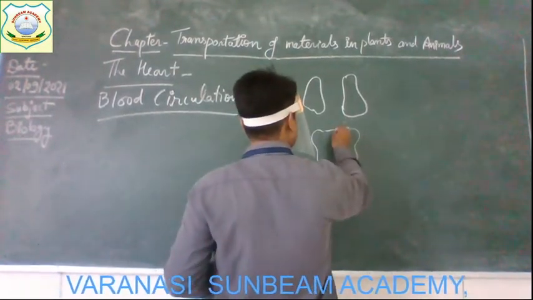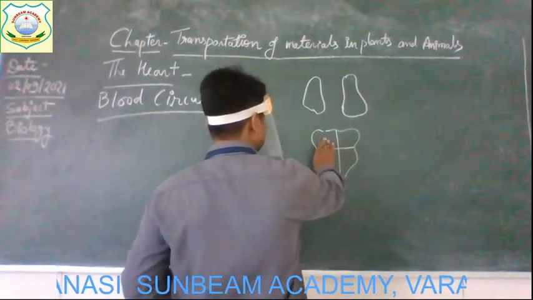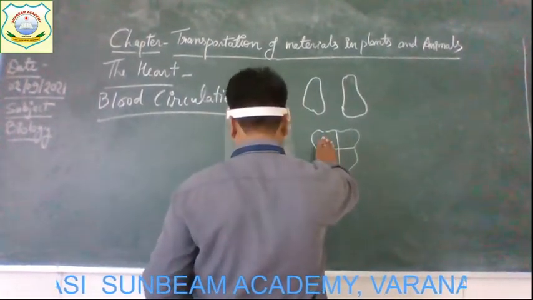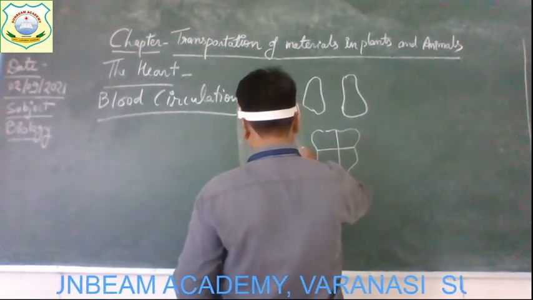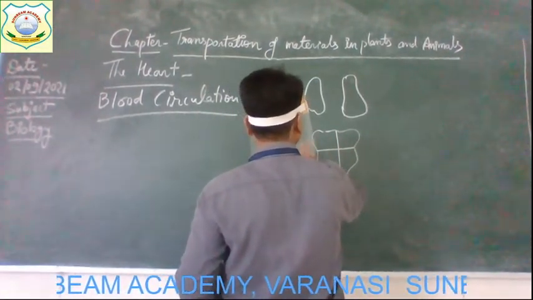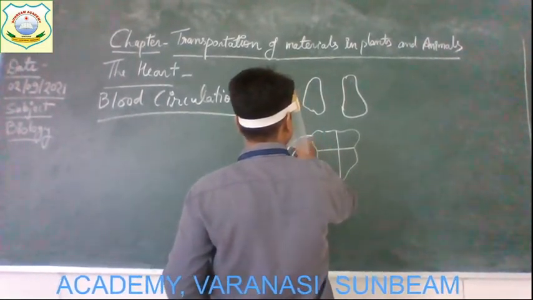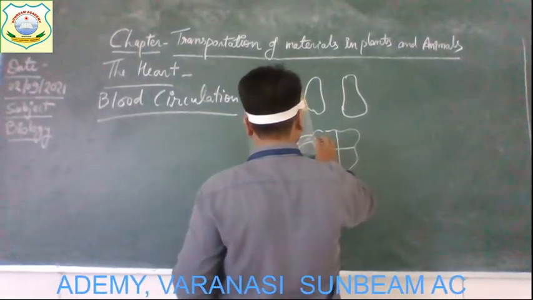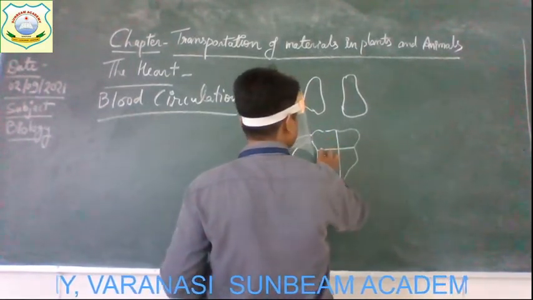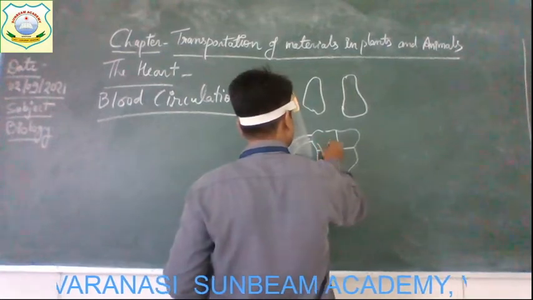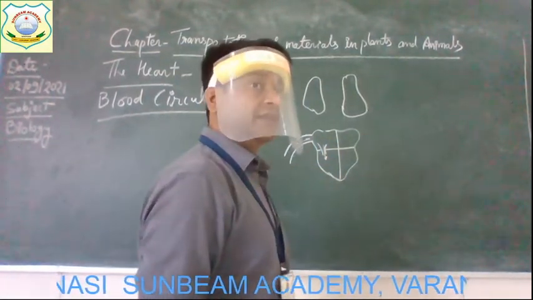Now just see the flow of the blood. As you know, this is the right auricle. So in the right auricle, the blood comes from the different organs of the body, and then from here it moves downward, that is into the right ventricle.